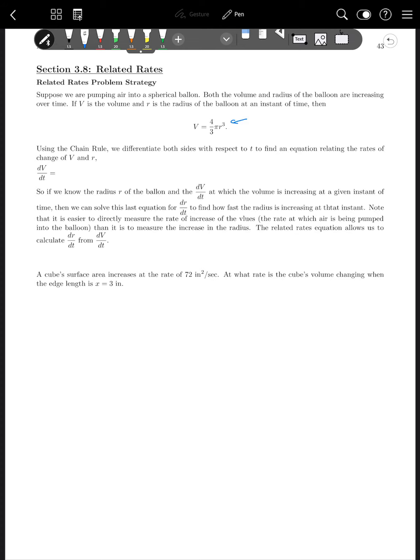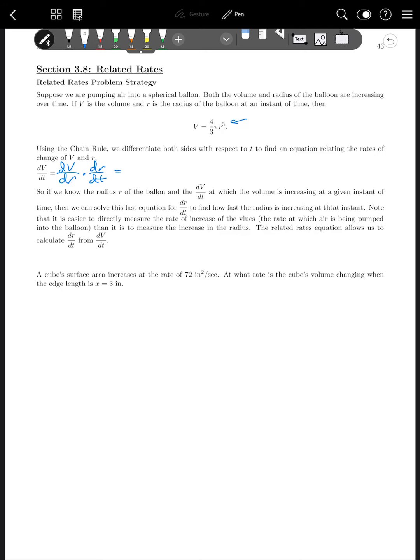Okay, so if we do that, we can use the chain rule: the derivative of V with respect to r times the derivative of r with respect to t. Basically we're just doing what we did with implicit differentiation.